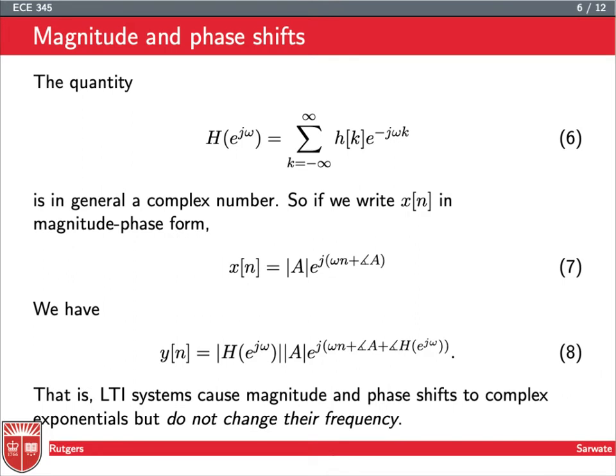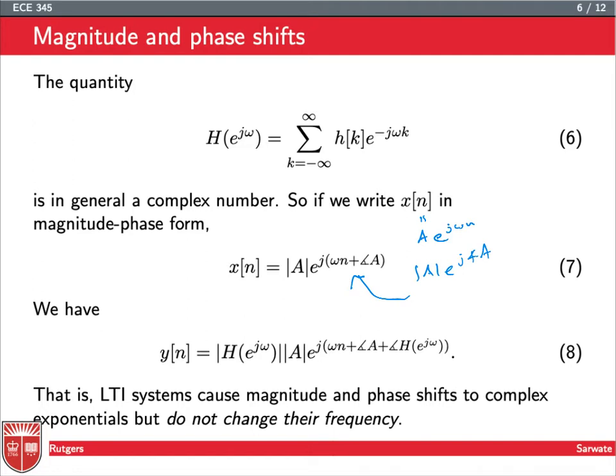In general, this value h of e to the j omega is a complex number. We'll see an example in a little bit. But what that means is we can write x of n in magnitude phase form. Let's look at a new x of n, a e to the j omega naught n. Then I can write a as the magnitude of a times e to the j phase of a, and I get something that looks like this for my x of n.